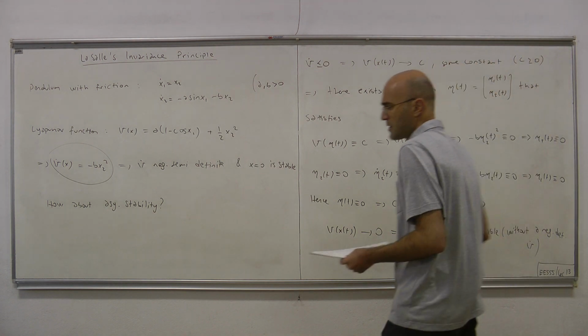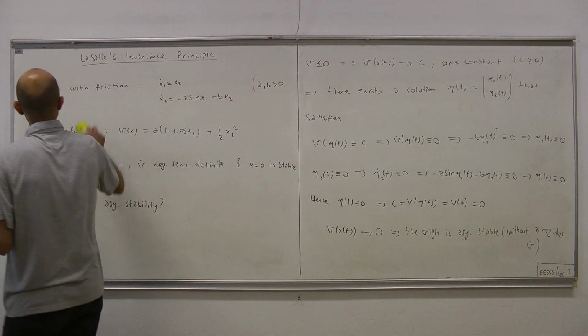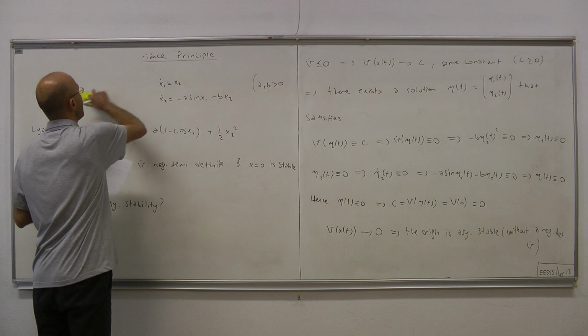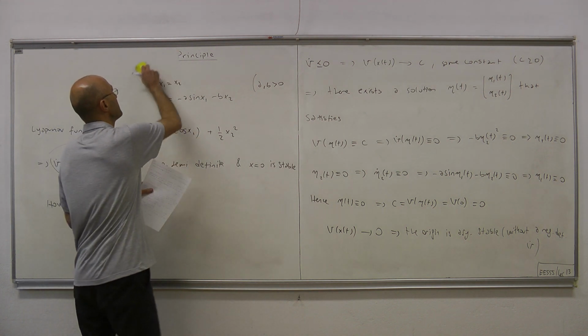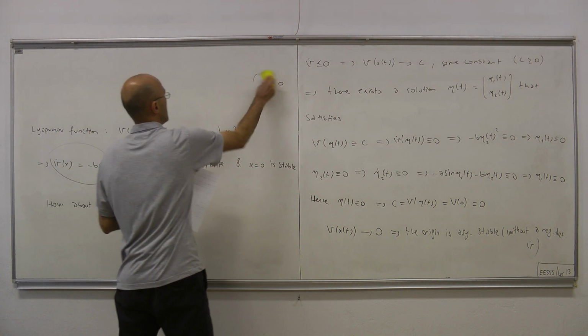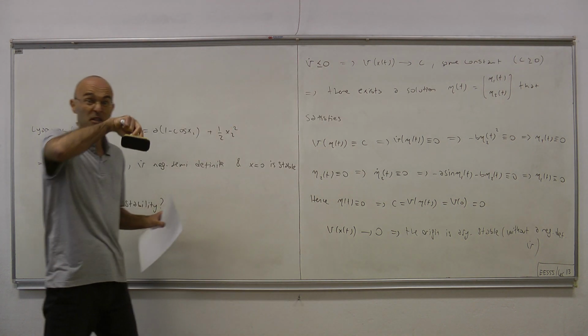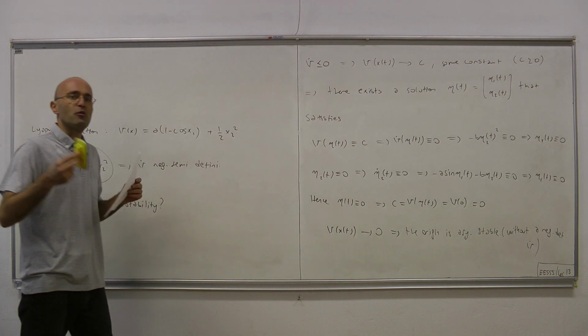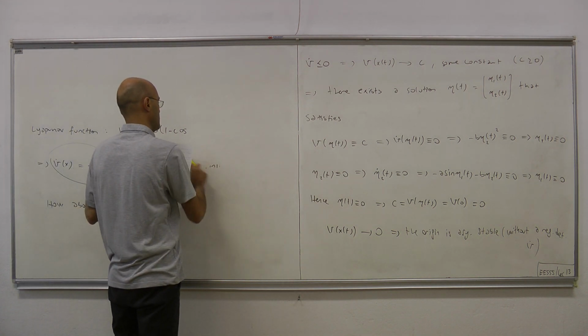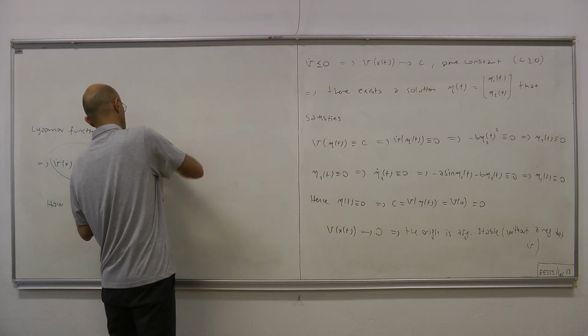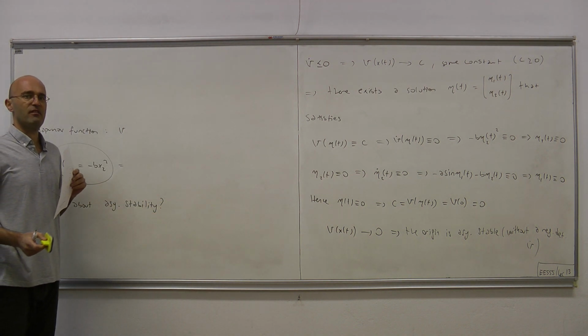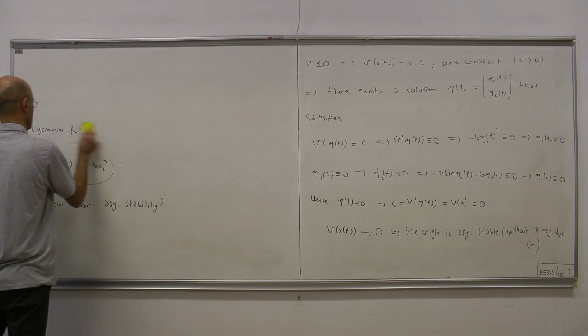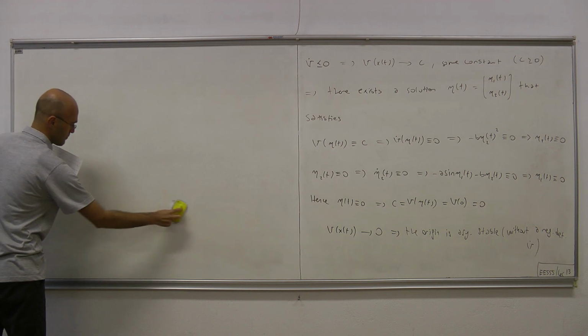Now, let's underline the key point in our arguments, the main observation. And then the generalization of that main observation is what we will now present as LaSalle's invariance principle.